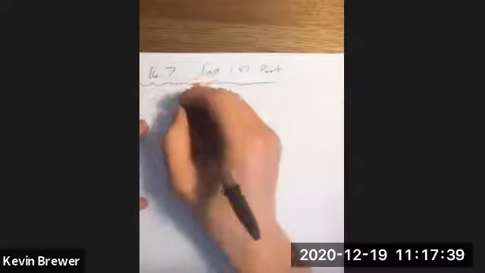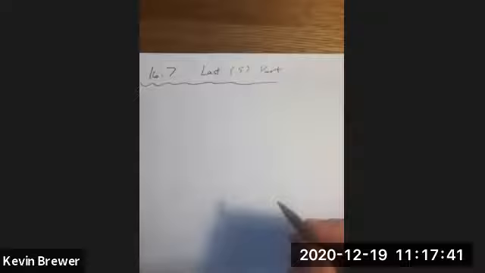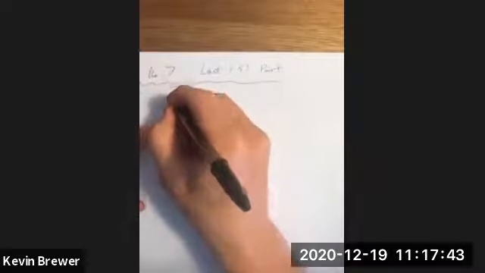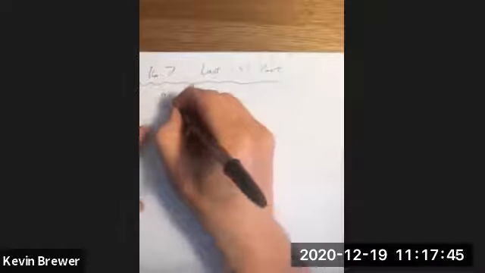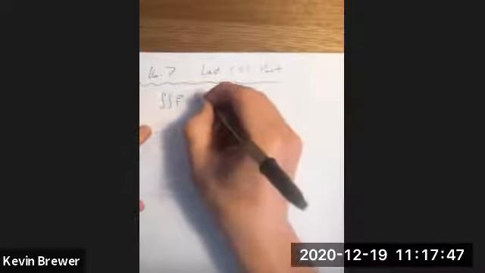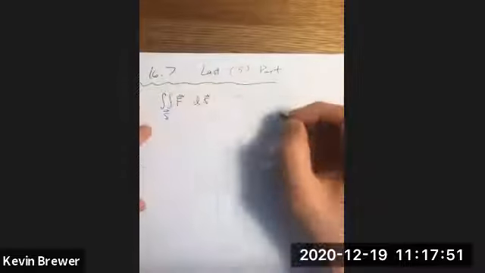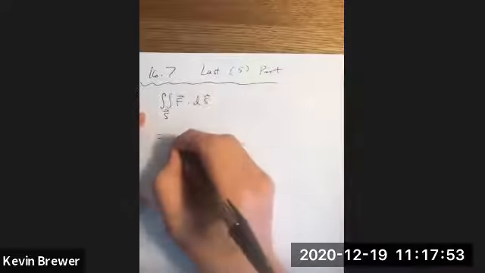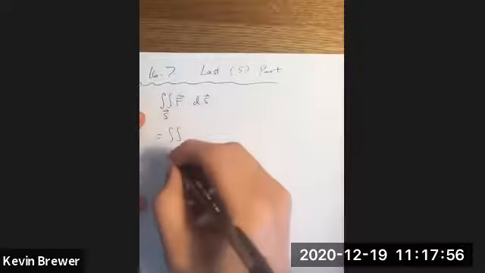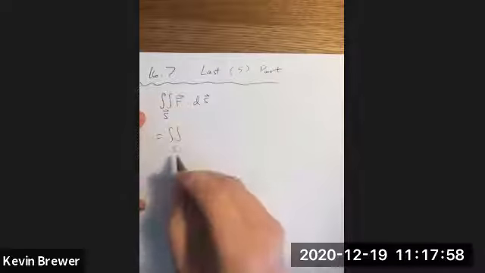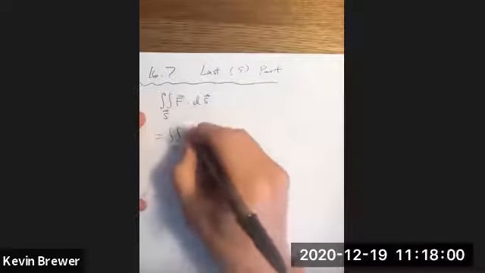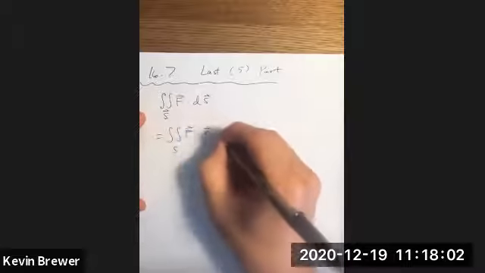Recall, we've been talking about surface integrals of vector fields. So the double integral of F dot dS. And we've said that this comes down to the double integral over the surface of F dot n dS.